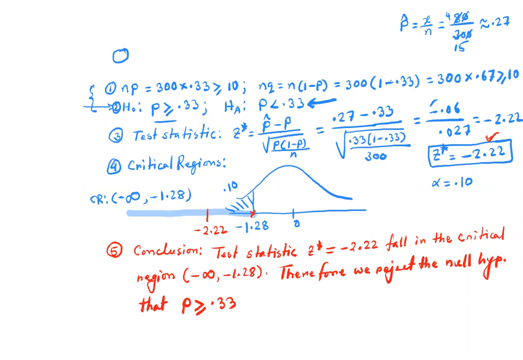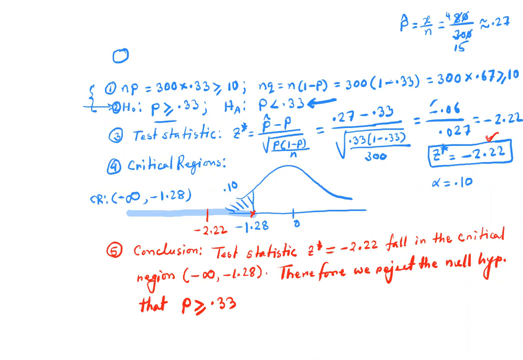Okay, the proportion of people who get cyberbullied is greater than or equal to 0.33. And that's the whole problem.